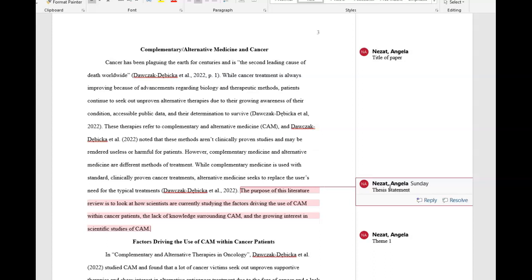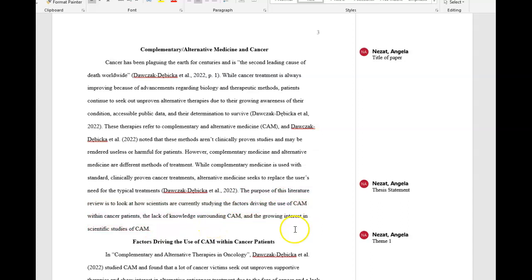The purpose of this literature review is to look at how scientists are currently studying the factors driving the use of CAM. Now the students already explained what that acronym stands for up here, within cancer patients.